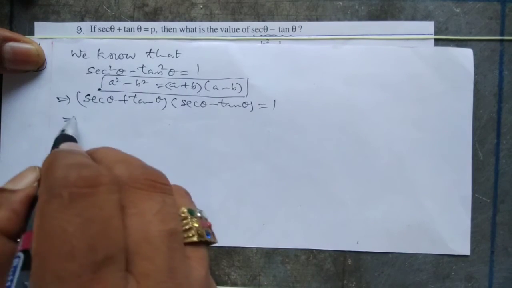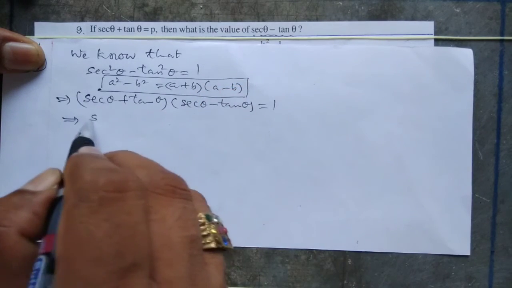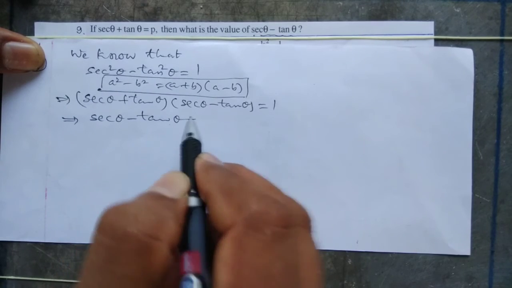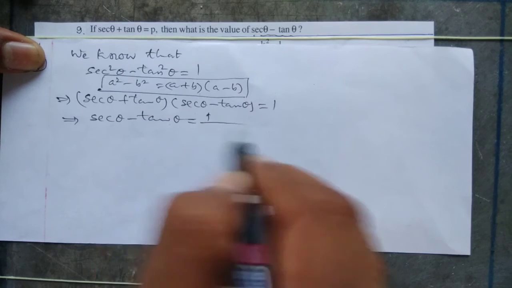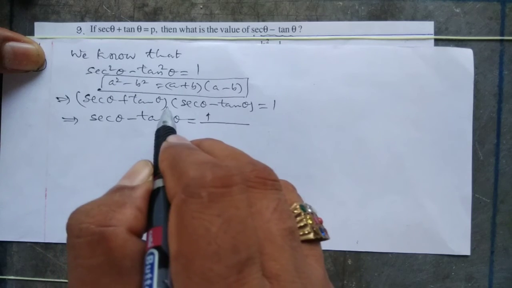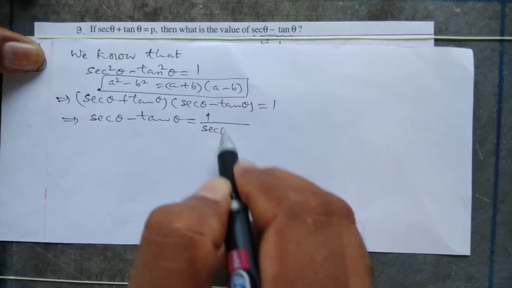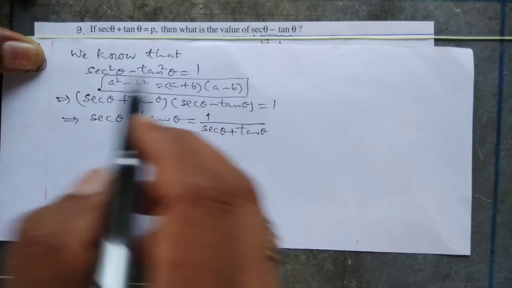Then here we want sec theta minus tan theta. So sec theta minus tan theta is equal to 1 by sec theta plus tan theta.